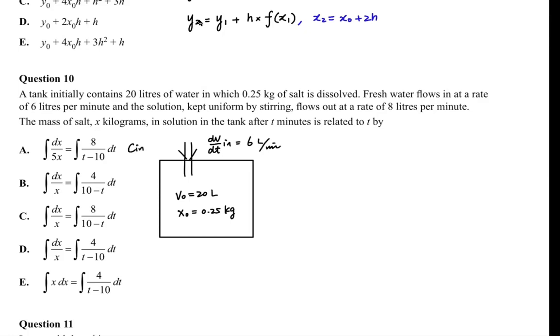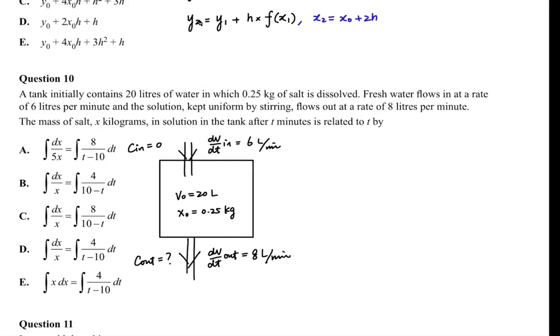How about the concentration in? Because it's flowing in fresh water, concentration in is 0. Flowing out, your C out is unknown. Your dV/dt out is 8 liters per minute.